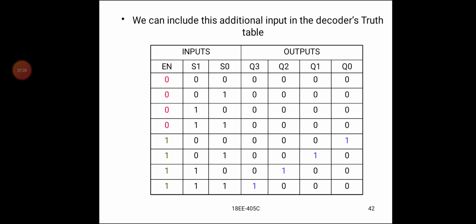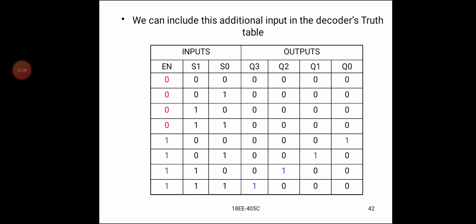Whenever enable is active, the combination of inputs decides the output. If it is 0 0, then Q0 is 1 and the remaining are false. When enable is 1, the 0 1 combination makes Q1 active, remaining are false.